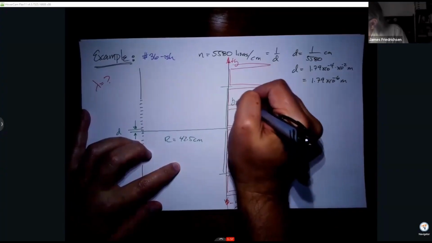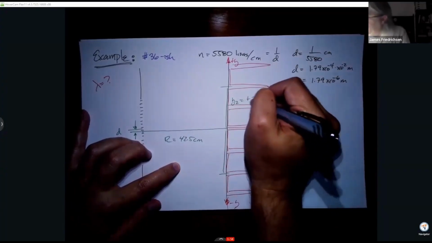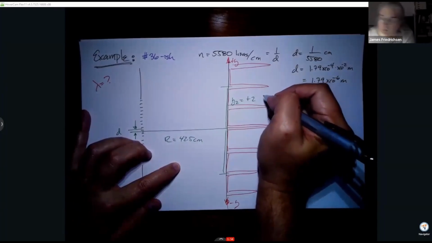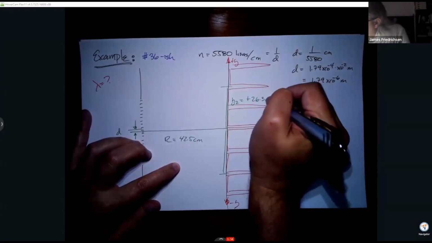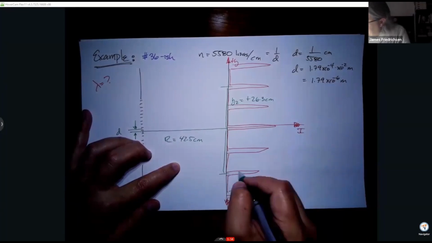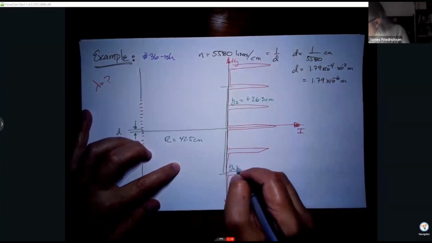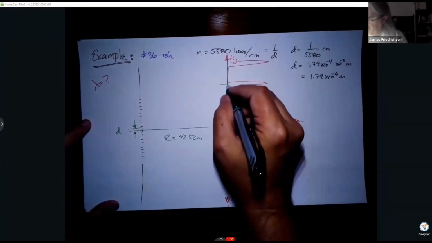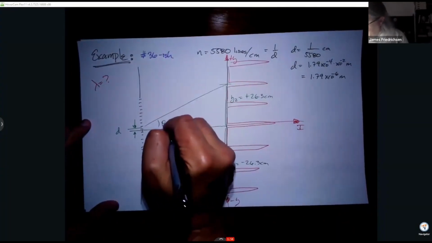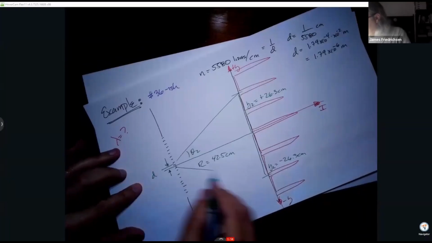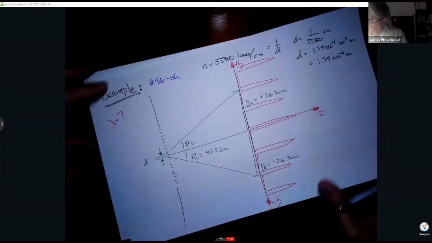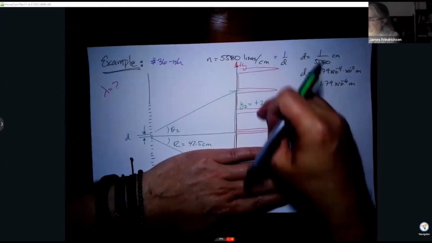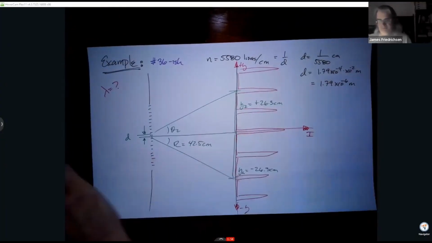So we get y2 is, in this case, plus 26.3. And this will be minus 26.3. Okay. And they're symmetric, so we don't really need to worry about the negative one. We'll just work on this positive one.